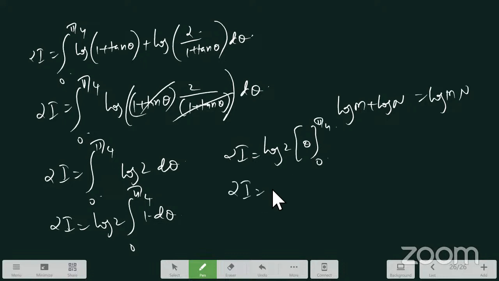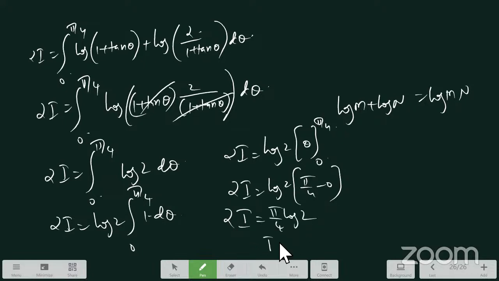So 2I equal to log 2 into upper limit minus lower limit. That is 2I equal to pi by 4 log 2. Then I equal to pi by 8 log 2.